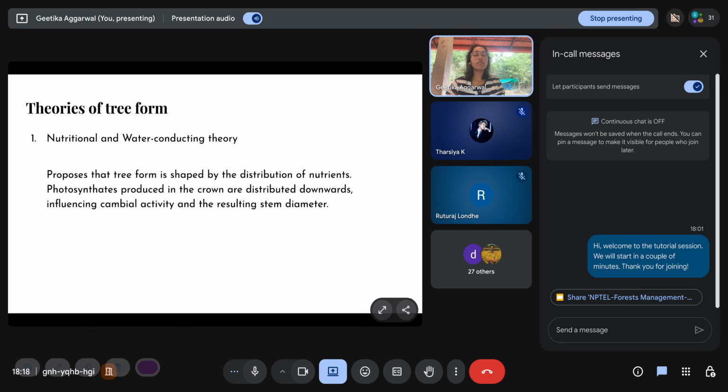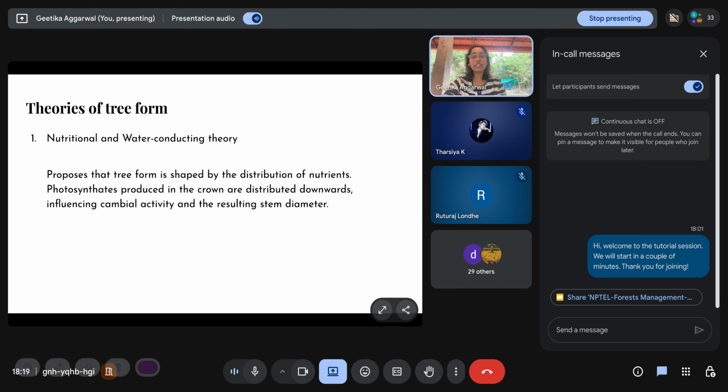conducting theory. It basically talks about how the tree form is shaped by the distribution of nutrients. As nutrients and water get distributed across the tree, that basically affects the tree form.